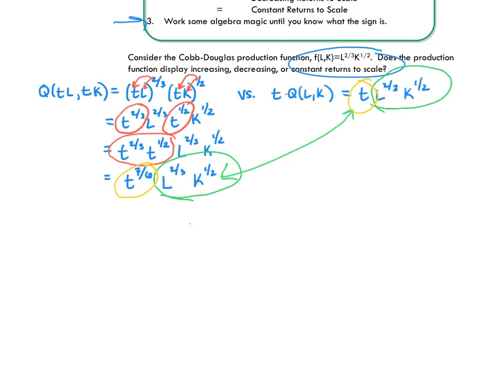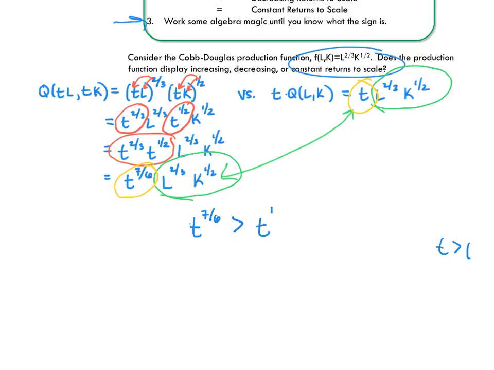So essentially what I'm comparing is t to the 7/6 with t. For all of these exercises, we are scaling inputs up, so the factor by which the inputs are scaled, called t, has to be greater than 1, which then means that t to the 7/6 has to be greater than t, which is just t to the 1.